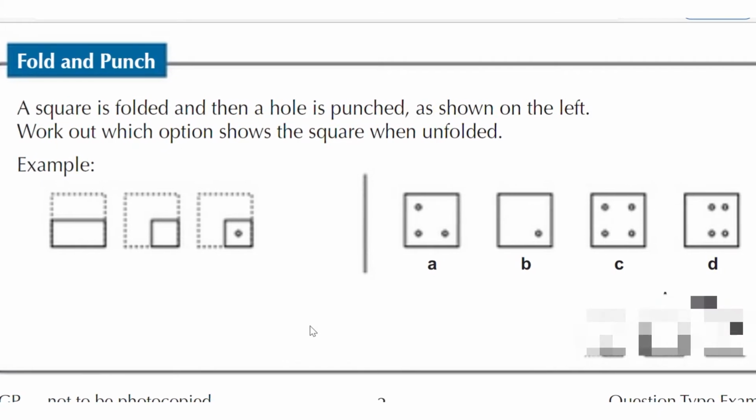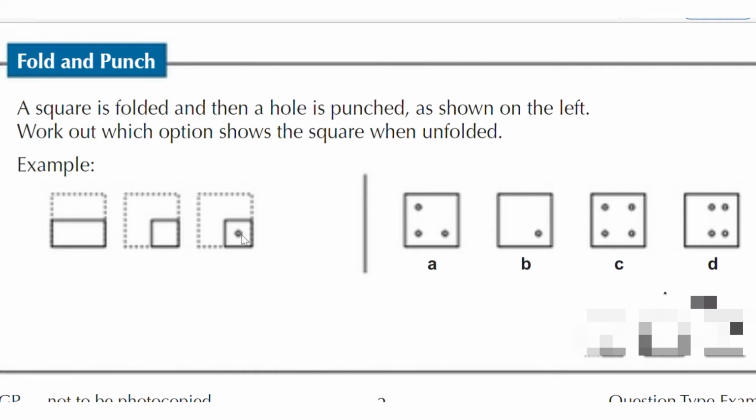Fold and punch. A square is folded and then a hole is punched as shown on the left. Work out which option shows the square when unfolded. So an example is that we have a square, then it's folded into a rectangle, and that rectangle is folded again into a square.